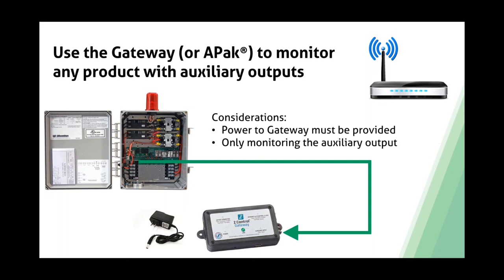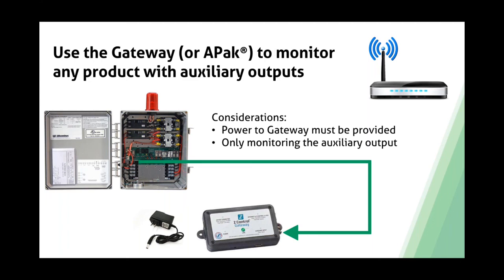So high water float goes off, auxiliary contacts close, gateway is triggered, cloud is notified, cloud sends out text and email to the users. So you've just internet enabled, or let's say you're now able to receive text, email, push notification from a control panel that's been in place for 20 years.